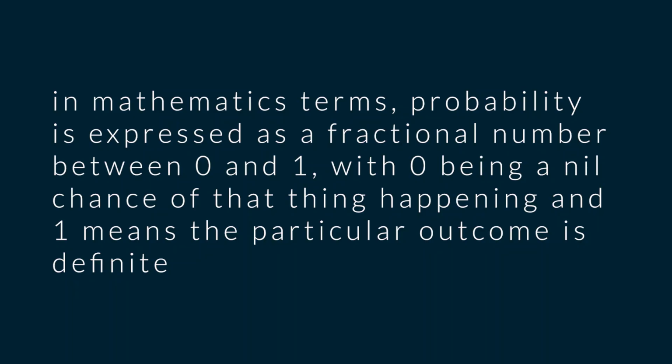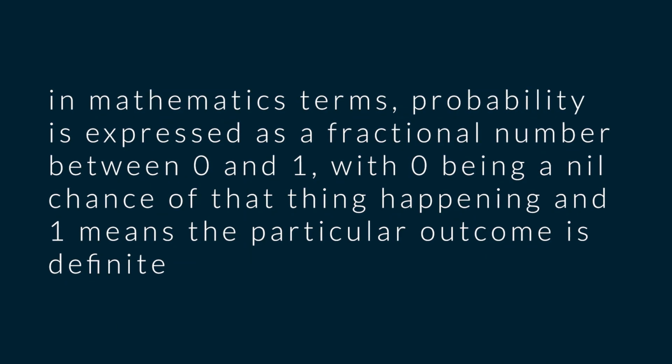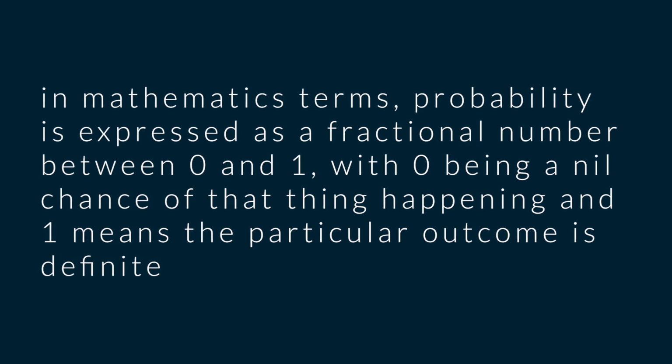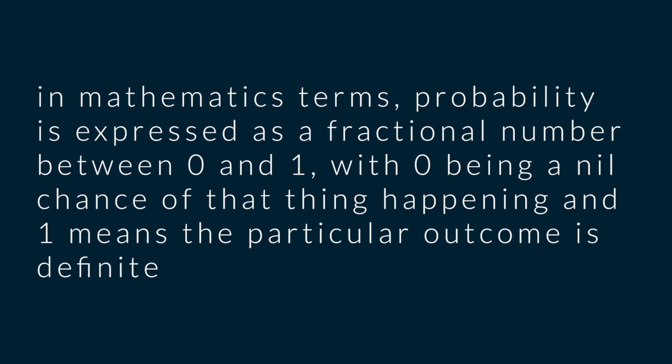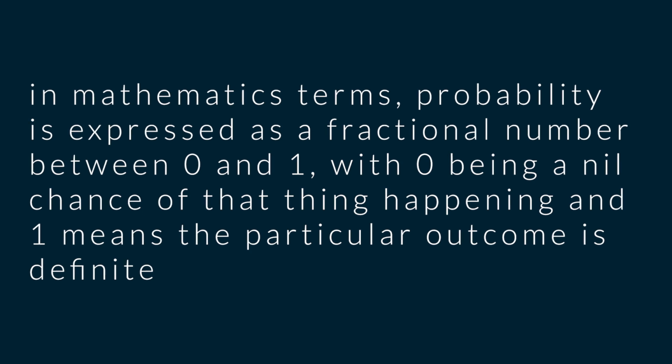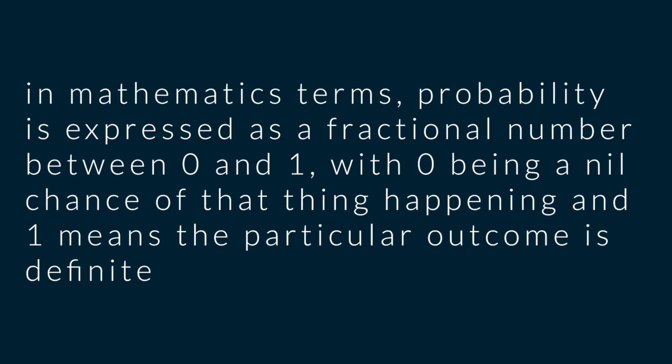So the same thing can be looked at in terms of risks. In mathematical terms, probability is expressed as a fractional number between 0 and 1, with 0 being a nil chance of that thing happening, and 1 meaning that particular outcome is definite.